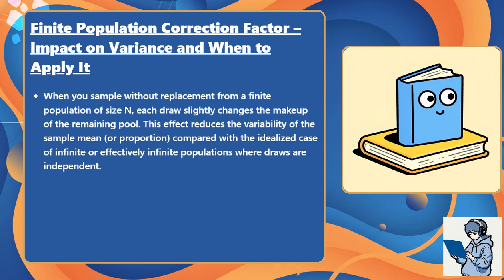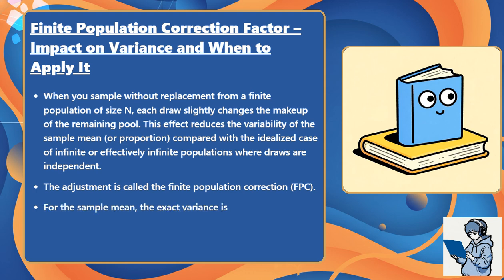When you sample without replacement from a finite population of size N, each draw slightly changes the makeup of the remaining pool. This effect reduces the variability of the sample mean or proportion compared with the idealized case of infinite or effectively infinite populations, where draws are independent. The adjustment is called the finite population correction, FPC.